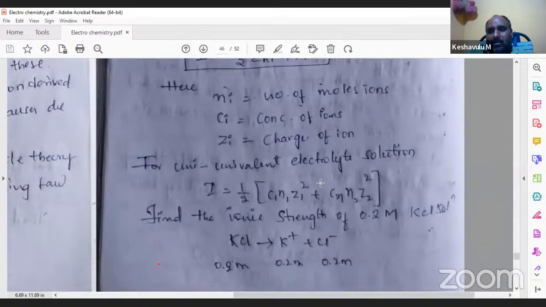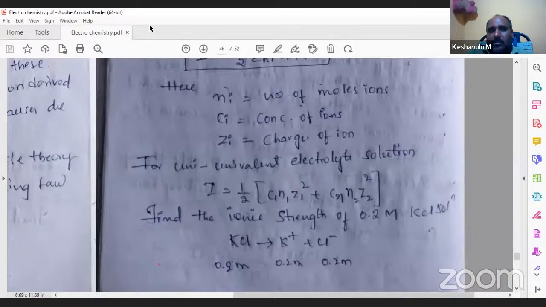Later on, Onsager was added to the Debye-Hückel work, producing the Debye-Hückel-Onsager equation, which is applicable for all electrolyte solutions. These are the assumptions: the asymmetric effect and the electrophoretic effect.